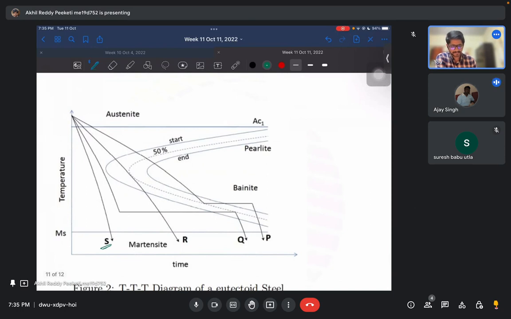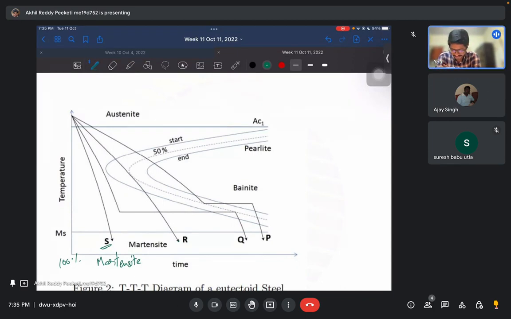S is 100% martensite, right? R, actually no. It depends on the rate of cooling.